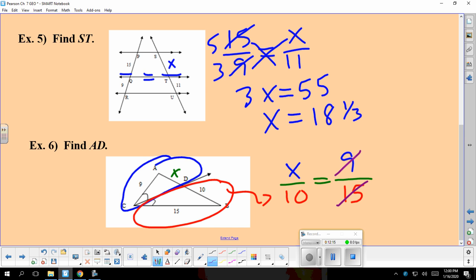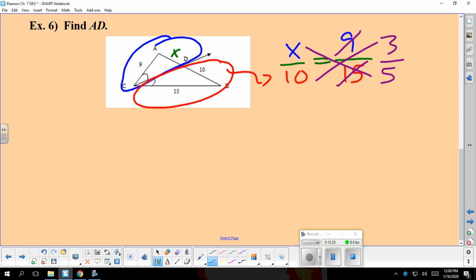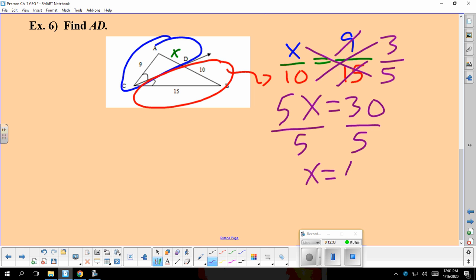So divide top and bottom by 3. Cross multiply here. 5x equals 30. Divide both sides by 5. X equals 6. So AD up there has a length of 6.